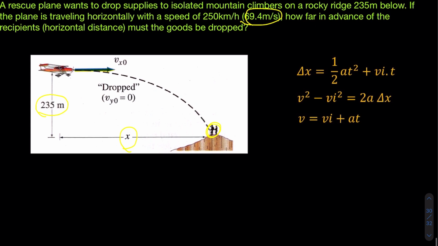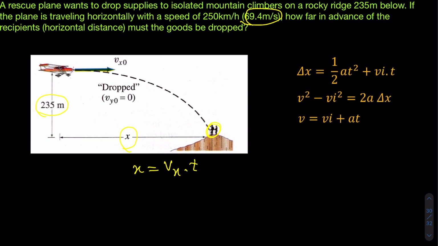Based on this information, we can simply say the horizontal distance x is equal to v sub x times t. V sub x means the horizontal component of the velocity, right? In projectile motion, the horizontal component will not change because we do not take into account the air resistance.